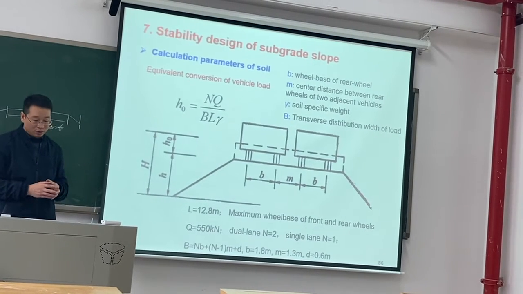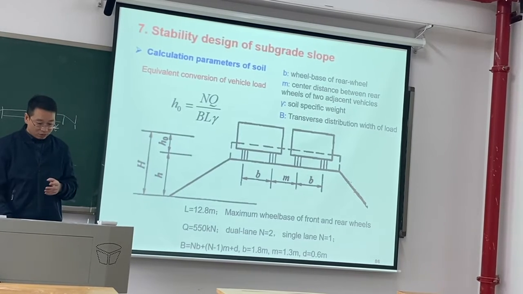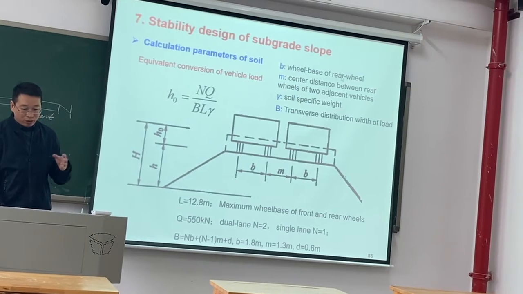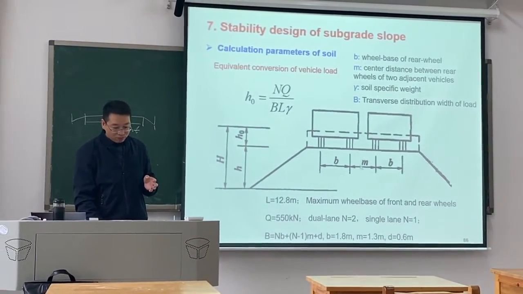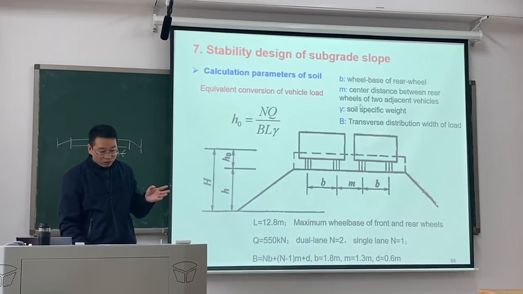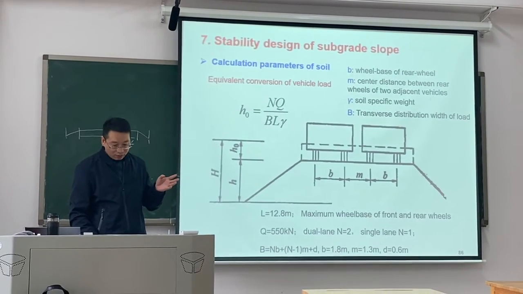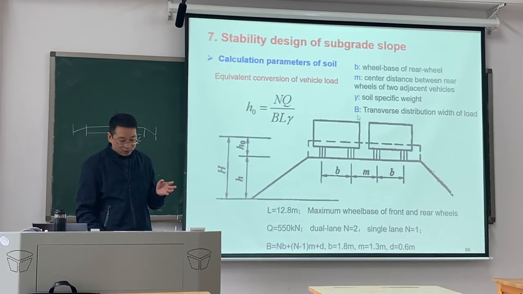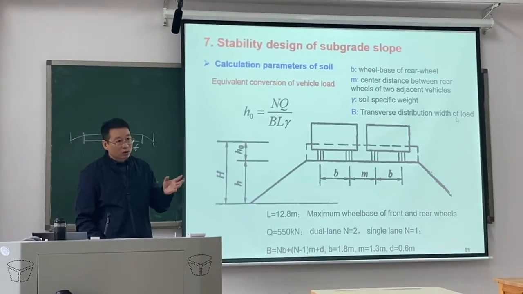B is the wheel base for rear wheels. M is the central distance between rear wheels of two adjacent vehicles. Gamma is soil specific weight, and B is the transverse distribution width of load.